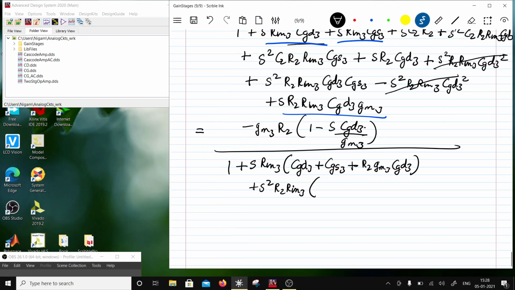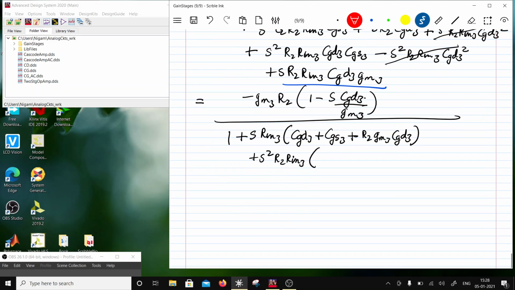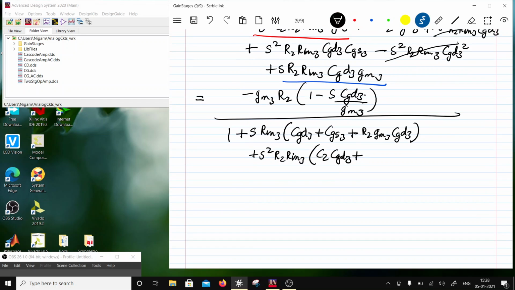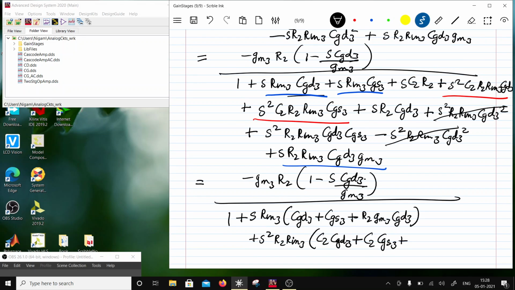Let's collect these terms. Okay, so this is S square R2 Rn3, so I have C2 Cgd3 plus, let's look at another term, S square R2 Rn3, C2 Cgs3. So do you see a pattern here? A pattern is you have a cyclic multiplication of capacitances. Okay, then let's see, another term is over here.